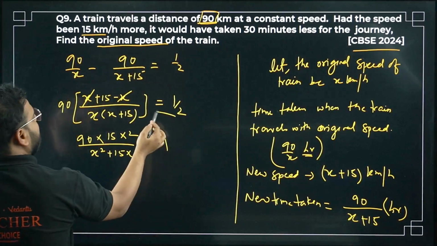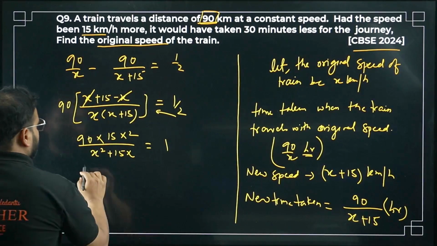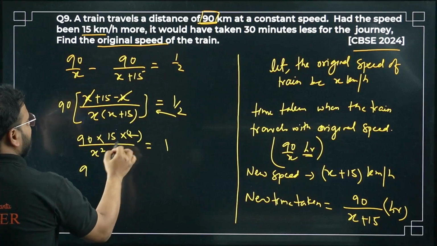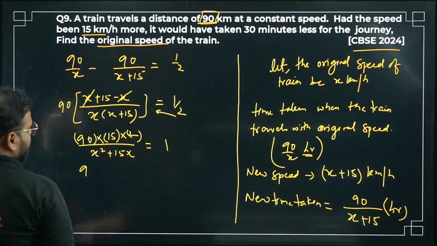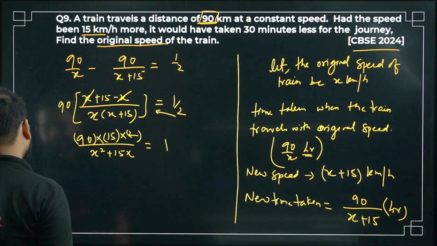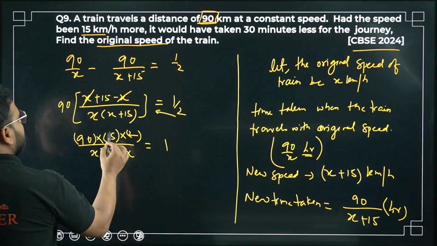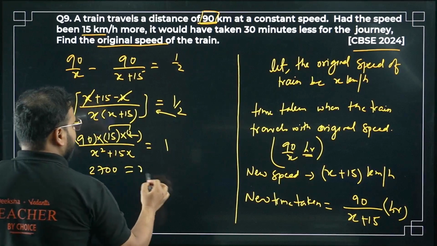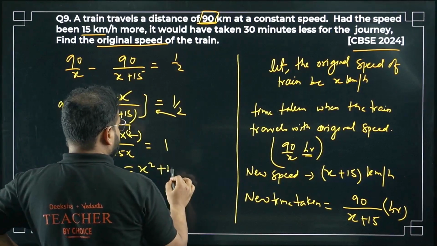I've taken this 2 over here, that's why. What do I get? 90 into 15 into 2, right? 2 is there, 15 is there, and 90 is there. So I get 2700. Please check. So we'll have 2700 equals x square plus 15x.